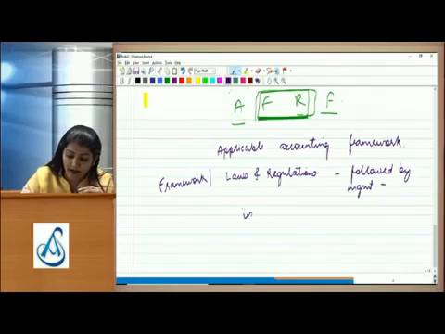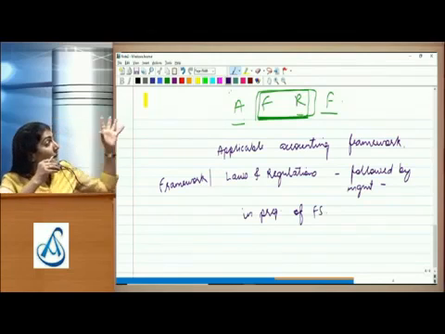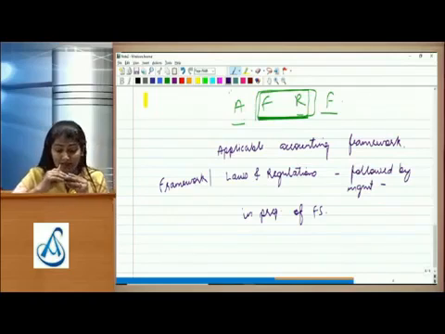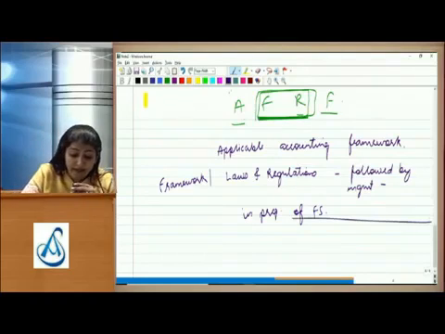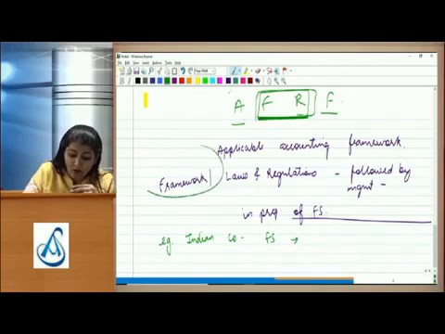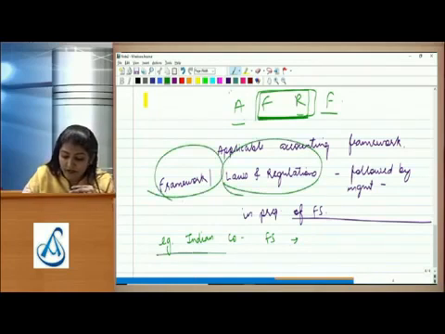For example, when an Indian company has to prepare its financial statements, what framework, what laws and regulations are followed?